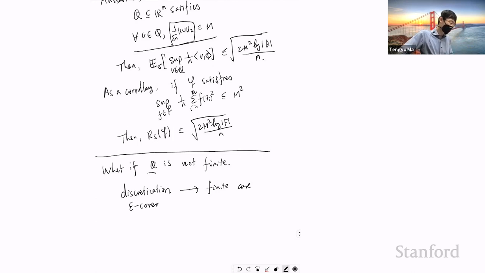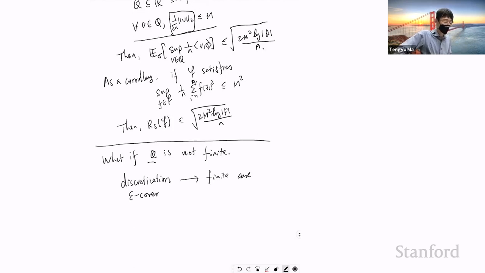So we're going to discuss a few techniques to discretize this Q and what kind of discretization you really need, and so on. There's also a pretty deep theorem called the Dudley chaining theorem, which lets you discretize in a nested way.